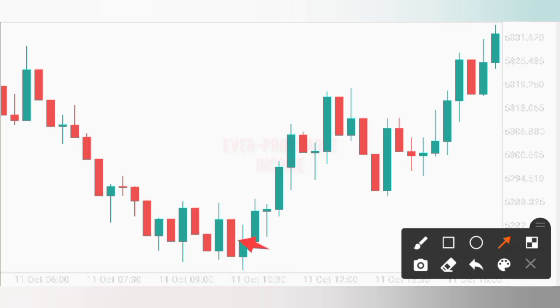The price closed higher than the closing price of the previous bearish candlestick, and what happened thereafter was a spike up. Can you see that? So you can see that this strategy also works for Boom and Crash.